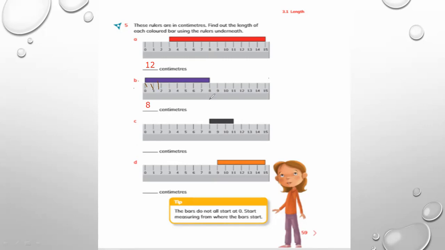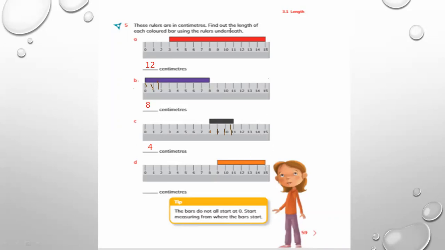Okay, next one. Again, it is starting from 8 till 11. So now what we are going to do, we are going to count the number 1, 2, 3. So here is 3. So 8 is the first number, which we do not count. So it is 3 centimeters long. Okay, let's see the last one, that is starting from 9 and ending on 15.